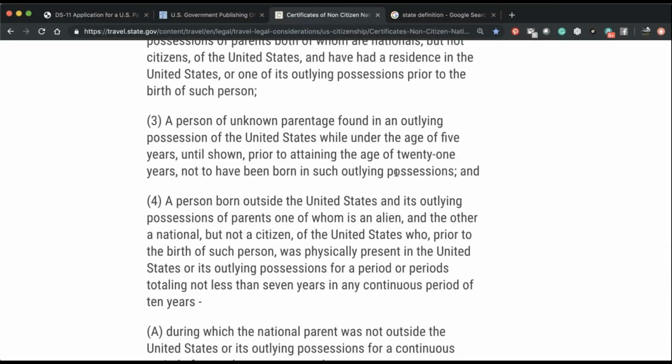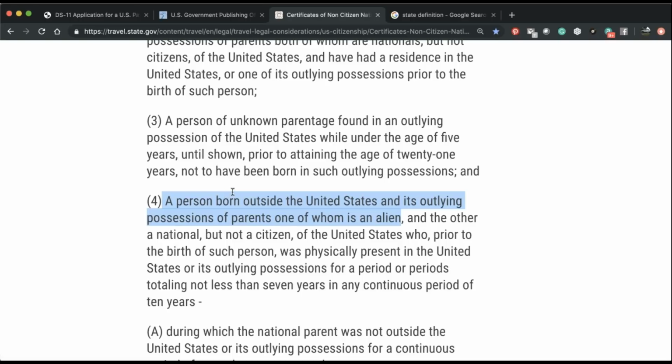A person of unknown parentage found in an outlying possession of the United States while under the age of 5 years, until shown prior to attaining the age of 21 years not to have been born in such outlying possessions. 4. A person born outside the United States and its outlying possessions of parents one of whom is an alien. This is the key right here.